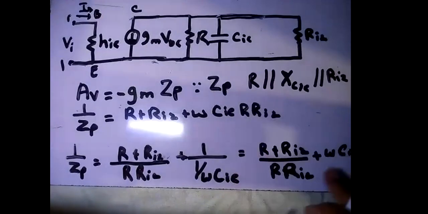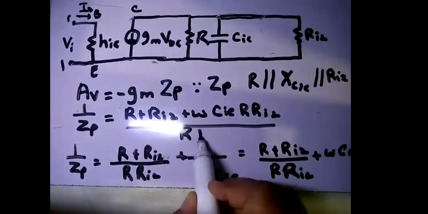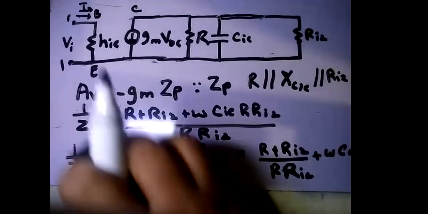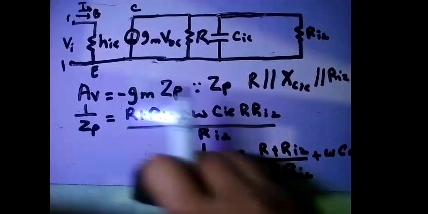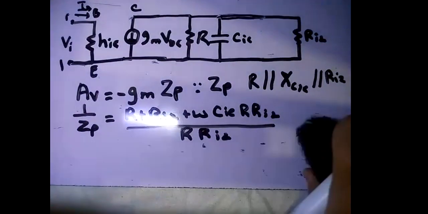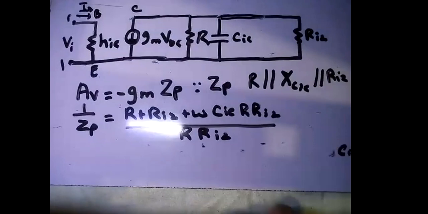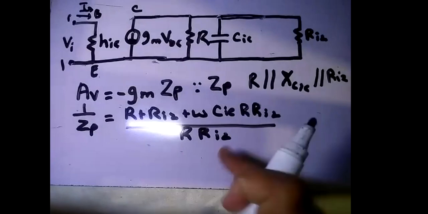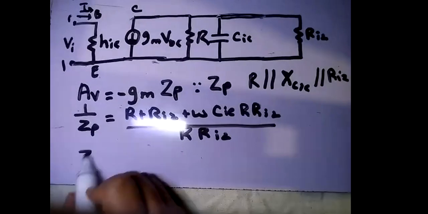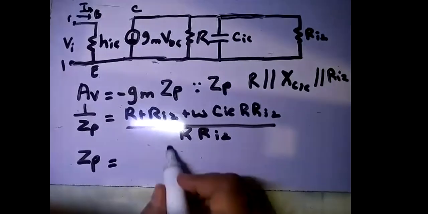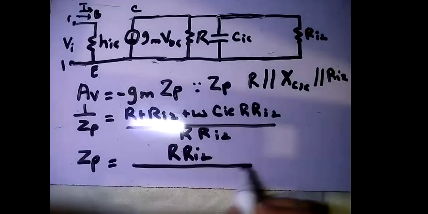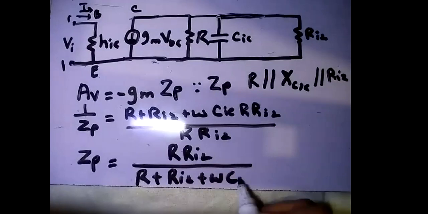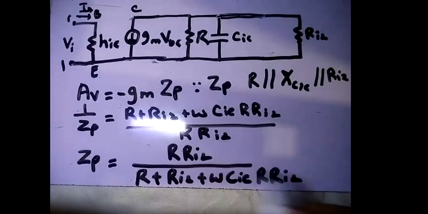Taking the LCM again, we get this term. So finally, what we get over here, the impedance will be equal to R RI2 divided by R plus RI2 plus omega CIE R RI2. So this is the impedance.